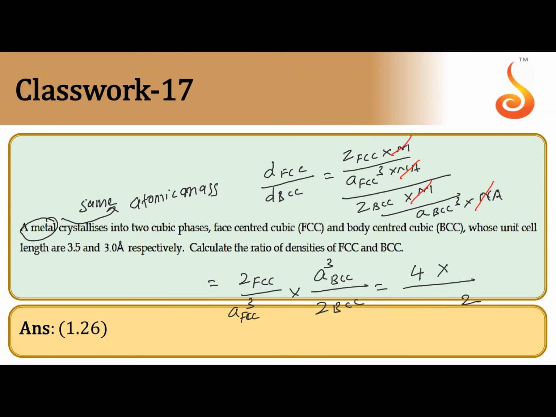For FCC the edge length is 3.5 Angstrom, and for BCC it is 3 Angstrom. So 3 cube for BCC and 3.5 whole cube for FCC.